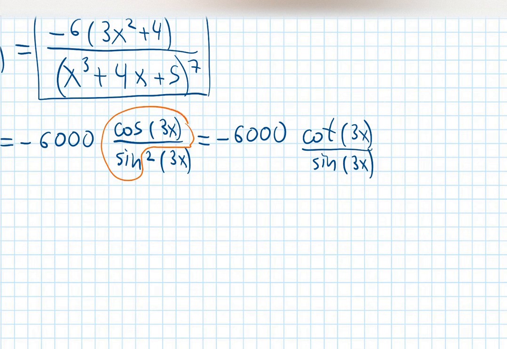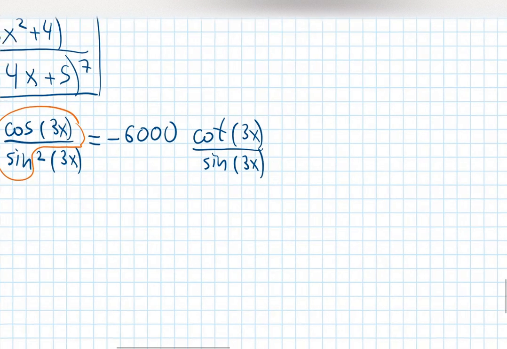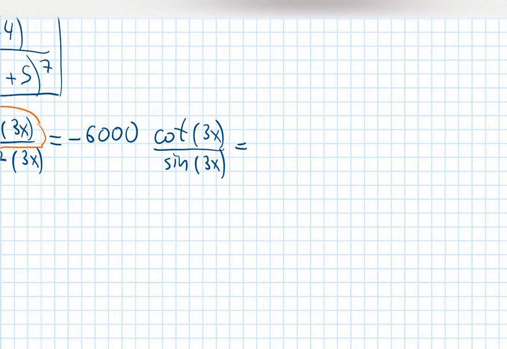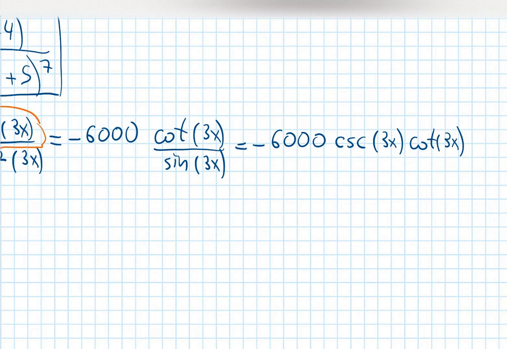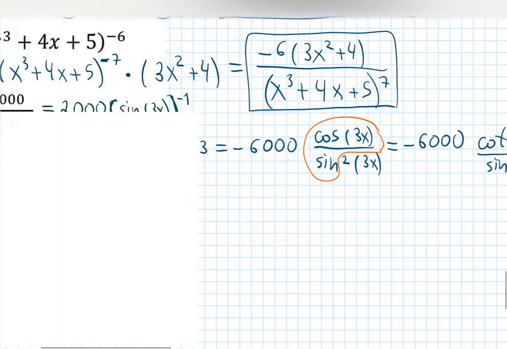Cosine over sine gives me cotangent. Still one sine left because there used to be sine squared. But 1 over sine is cosecant. So it becomes negative 6000 cosecant of 3x times cotangent of 3x. Not sure why we have to switch to these functions. It's not really necessary.